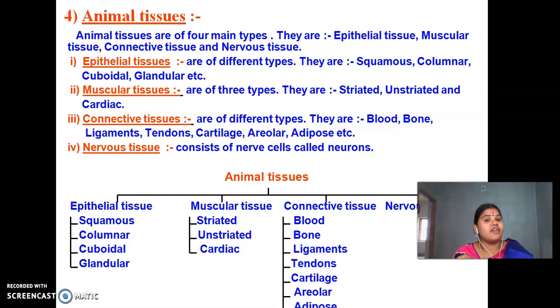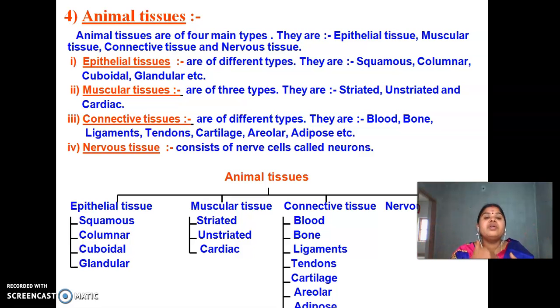Connective tissues are of different types: blood, bone, ligaments, tendons, cartilage, areolar, adipose, etc. Many more are there. Nerve tissue is present in our nerve cells, that is in our brain. Neuron consists of nerve cells.